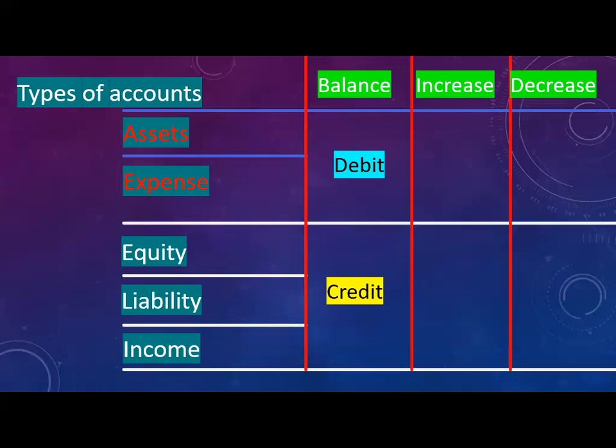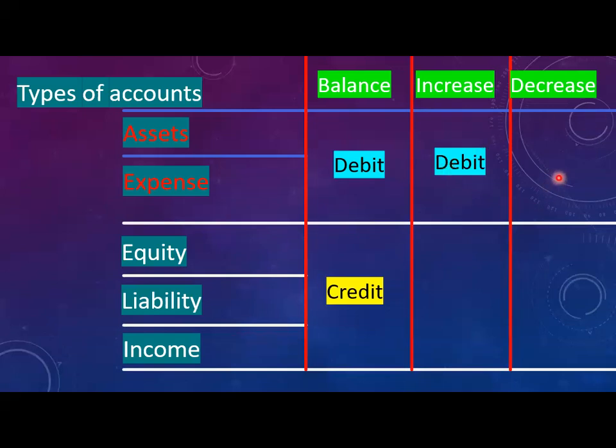Suppose the balance is on the debit side. The increase in asset and expense comes on which side, debit or credit? This point is important. It is also debit. Then the decrease, which side?